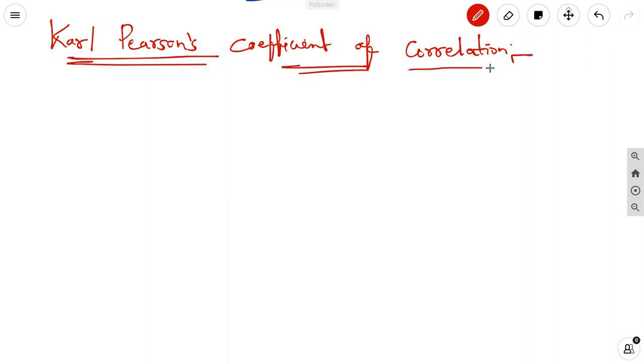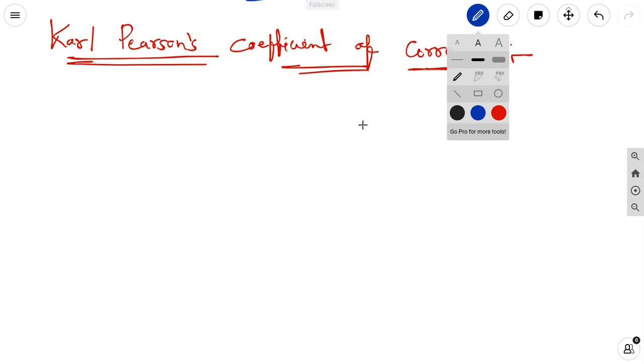In the method of Karl Pearson's, how to find the coefficient of correlation: the correlation is denoted by small r, and it can be defined by this method.